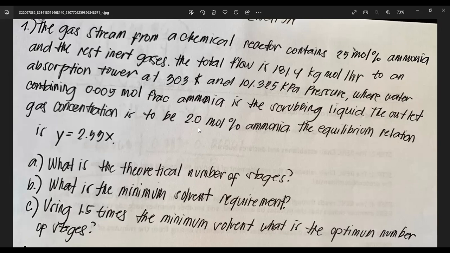So if you answered this problem using the XA here without using the equation y equal to 2.53x, I'm okay with that, meaning you did practice solving ahead, and since you know where to get the value, you get it from the table.